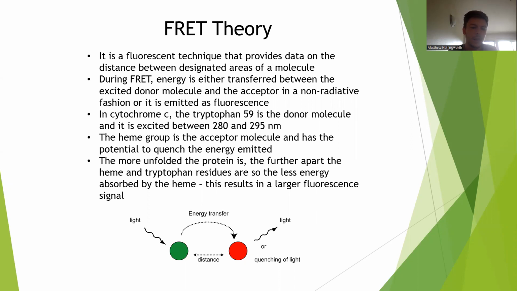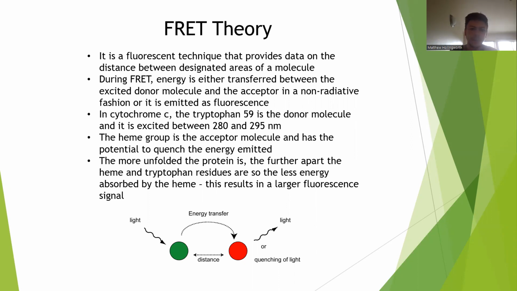And then the energy released by the donor atom can either be transferred to an acceptor, which is the red circle, in a non-radiative fashion, or it is possible for the energy released from the donor atom to be emitted as fluorescence.